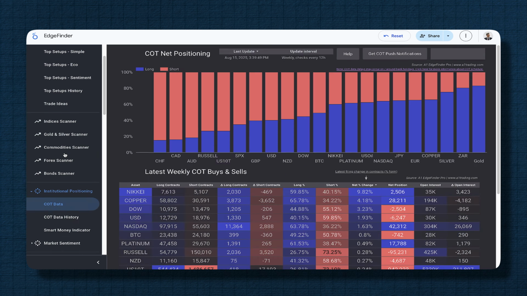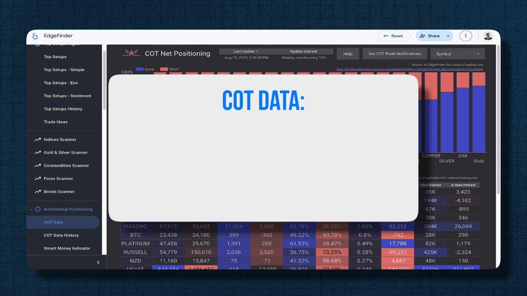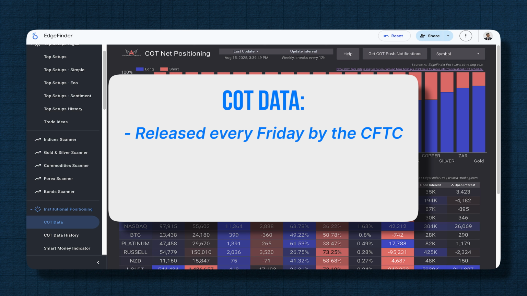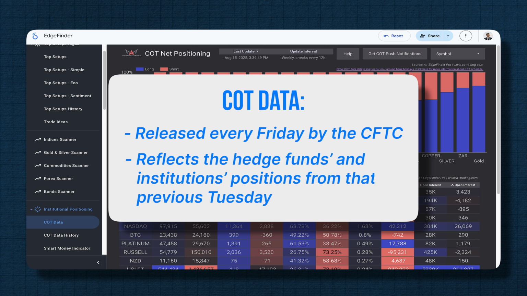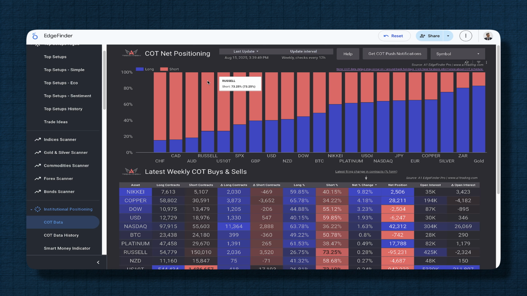Now, this is very important, and it's able to give you the COT data. The COT data is released every Friday by the CFTC, and it reflects the hedge funds' and institutions' positions from the previous Tuesday. If you look at the CFTC site, it will look very confusing because it's not in a very readable format. What's nice about the EdgeFinder is that it gives you this nice display of what's going on.